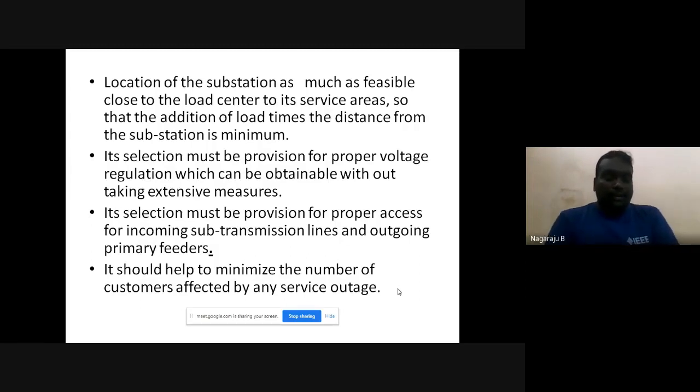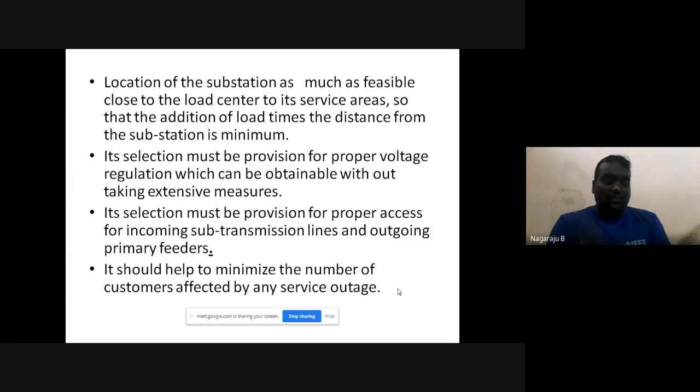Normally it is not possible at the load center. If the system already exists, it is not possible, and you need to expand it. Already I told you about substation expansion. It is also not possible because the load center will be in the heart of the city, where the cost of land is high.